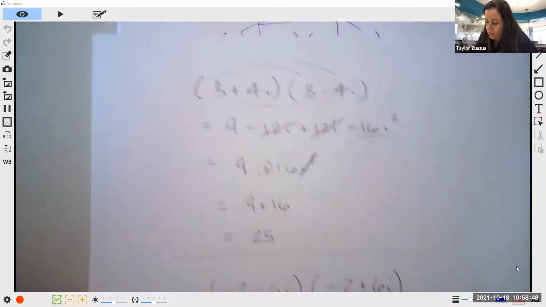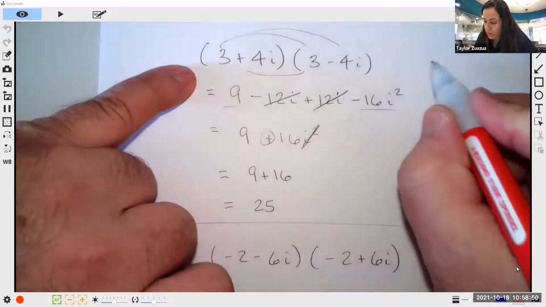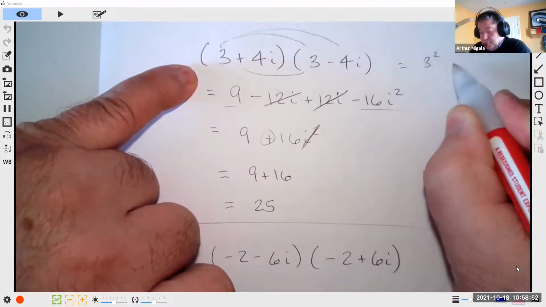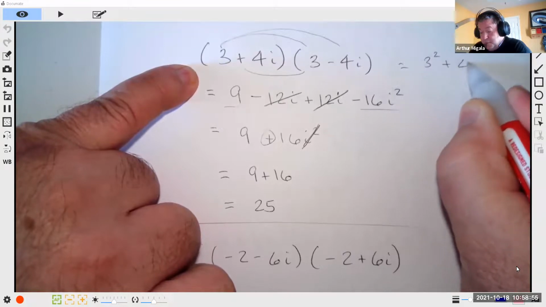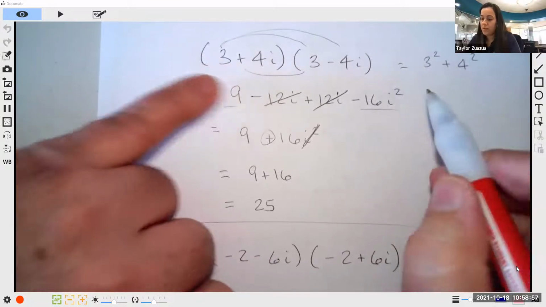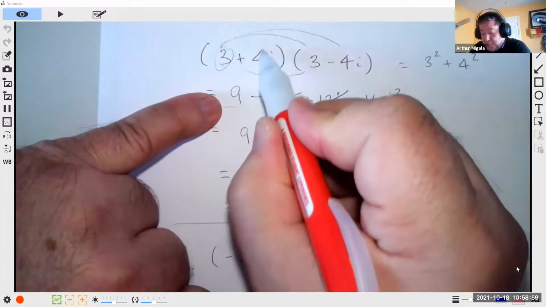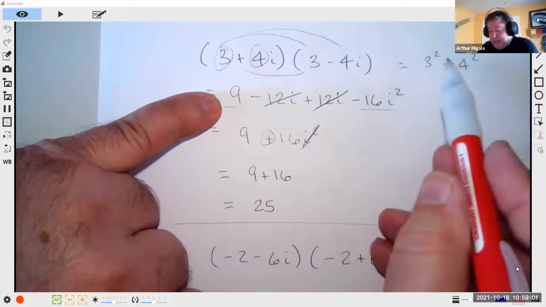Look at the first one we did. We had numbers 3 and 4. It doesn't matter what the signs are because the squares cancel them out.